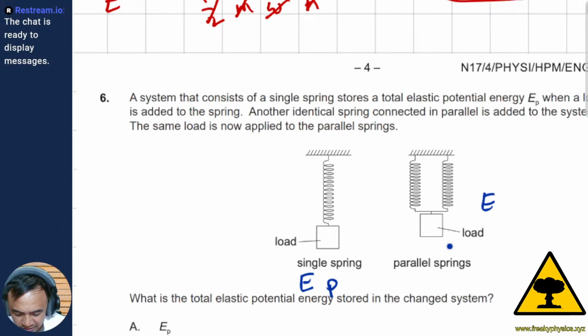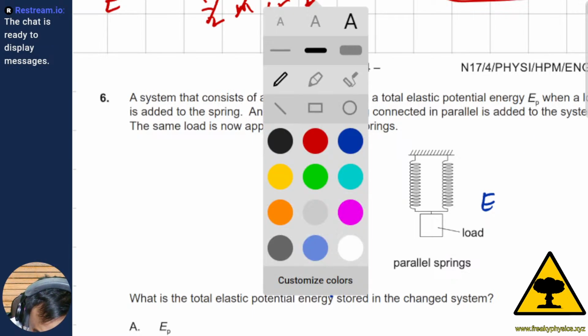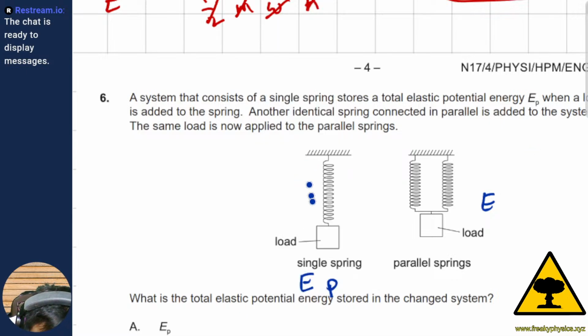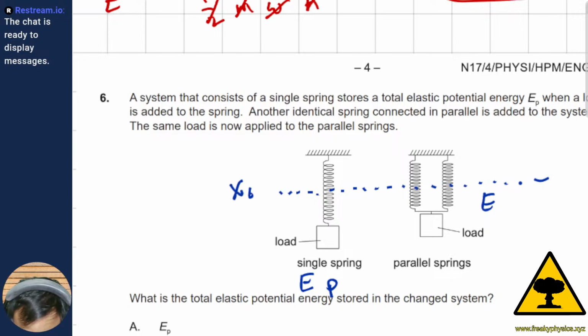The easiest way to look at this is, let's say that this is the equilibrium position, and then this is the extension, x.